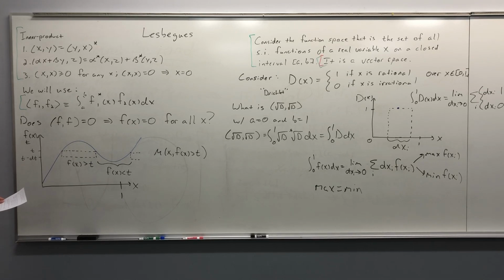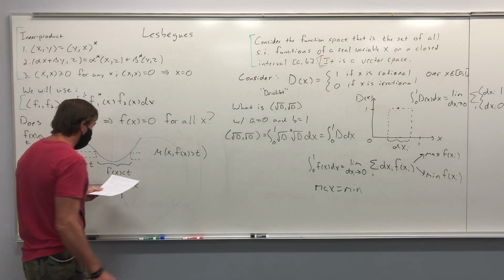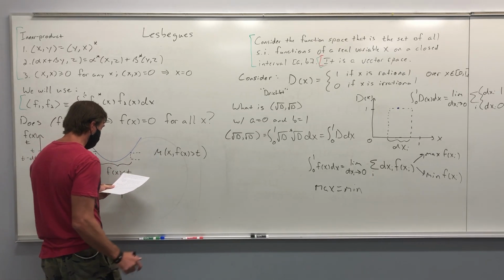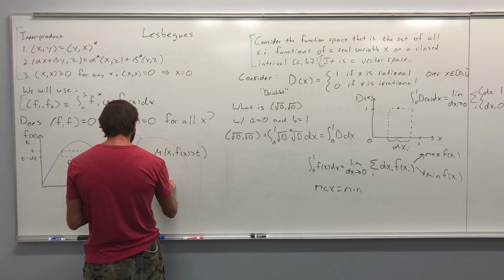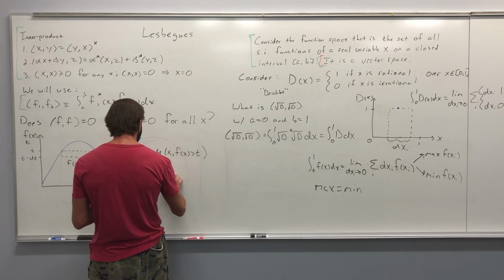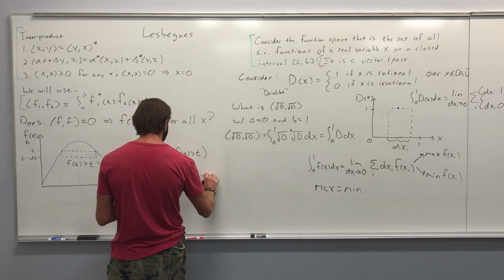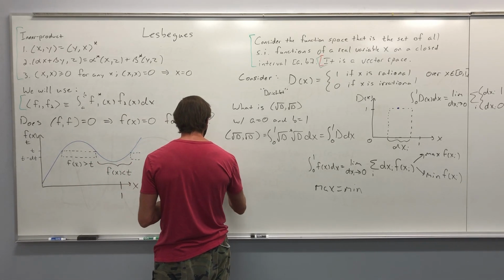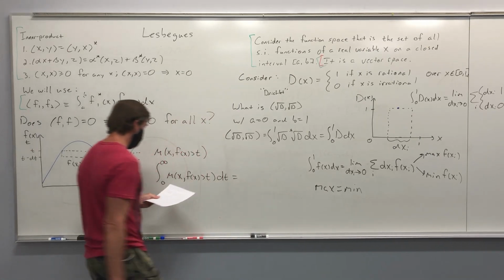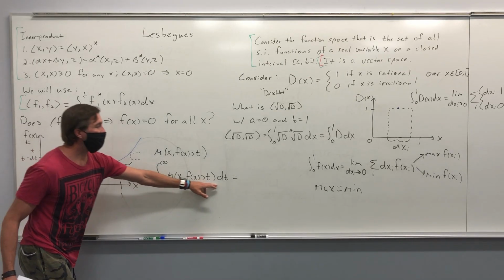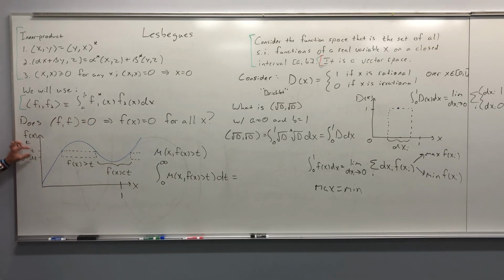Now, if you think about this function mu, then if we integrate from 0 to infinity mu of the set where f of x is greater than t, dt, okay, so now I'm integrating over dt, which means I'm adding up all of the contributions from these dt elements.